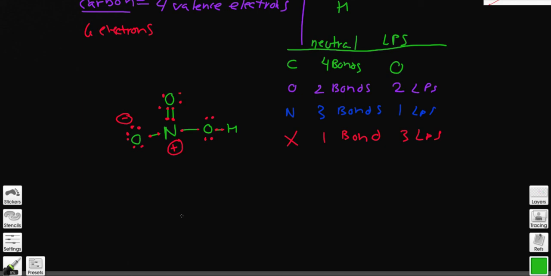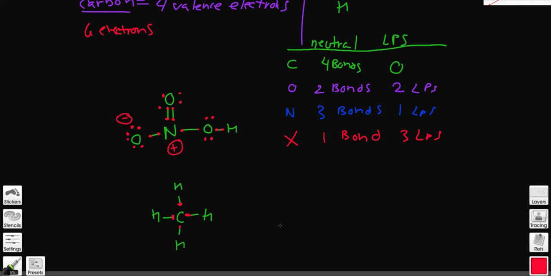Just to show you a couple examples of that, let's look at carbon. Carbon over here has 1 bond, 2, 3, and 4. Let's look at the valence electrons: 1, 2, 3, and 4. Now let's look at oxygen.